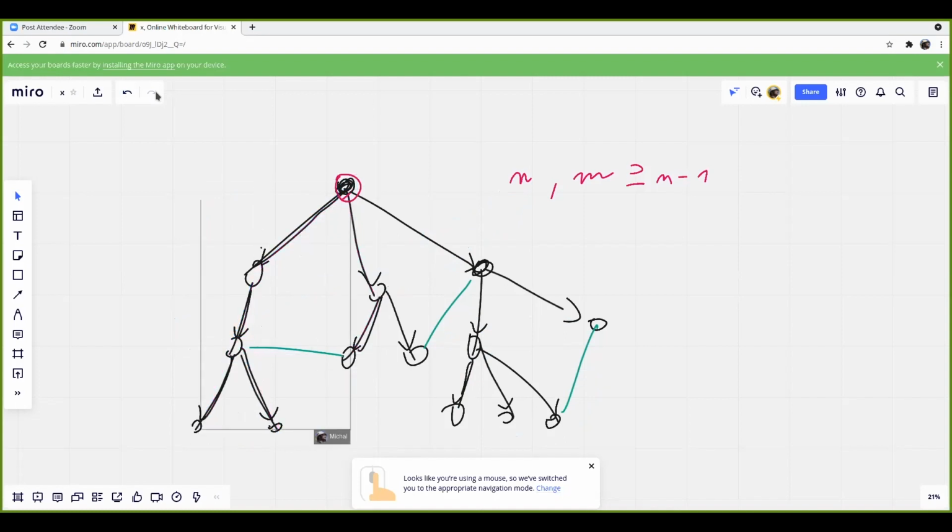So all of these green edges are connecting vertices that, in terms of a family metaphor, are not each other's ancestors. So such an edge can never appear in a graph where we run DFS.